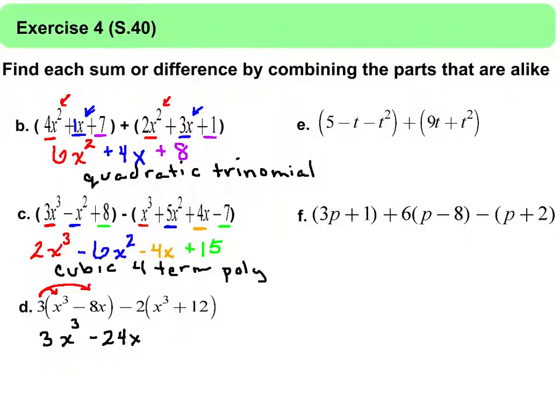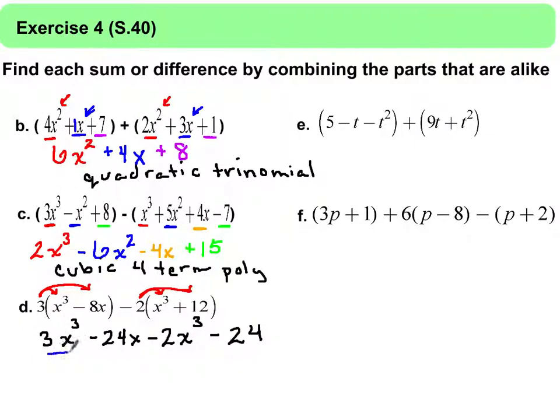So if we go to the back part of the problem, we have a negative 2 times this and negative 2 times a 12. So when I write that, negative 2 times 3 times x cubed is negative 2x to the third power, and negative 2 times 12 is negative 24.